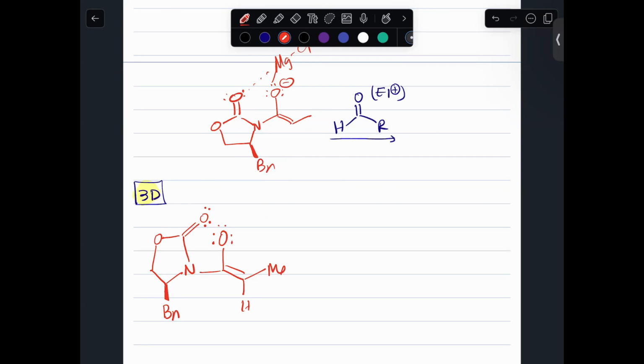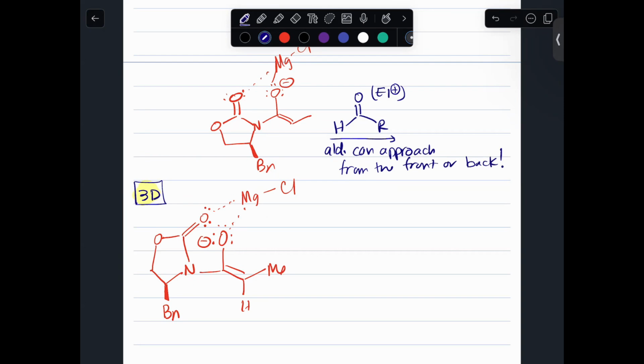They're complexing to my magnesium. Okay. Now my aldehyde is approaching. And my aldehyde, I'll write it up here, or my carbonyl compound, whatever you have, can approach from the front or back.